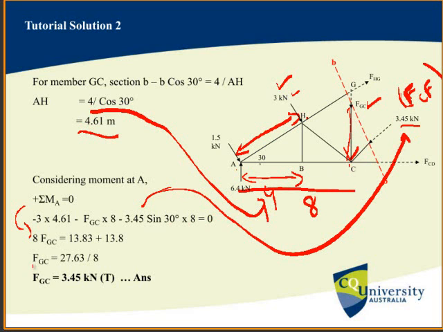From this equation we get the value of FGC, which is 3.45 kilonewton. So do you have any question for this moment equation? Is it clear to you?